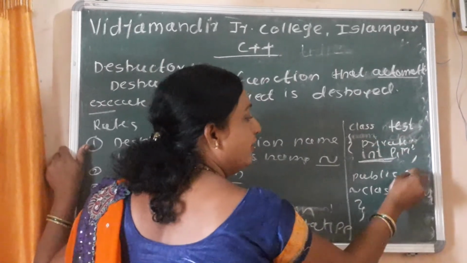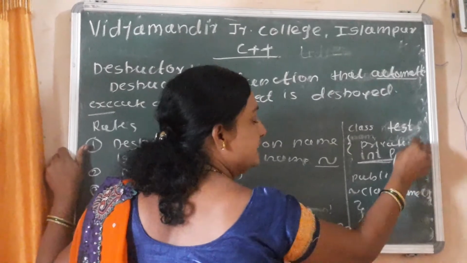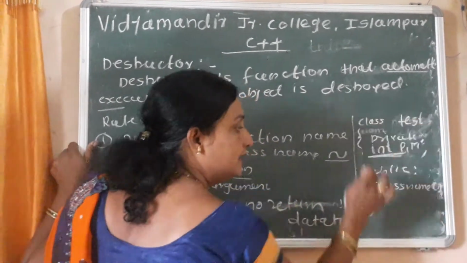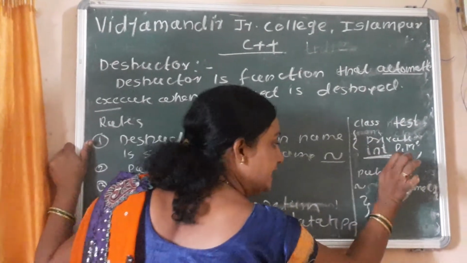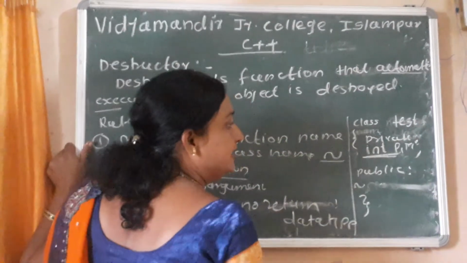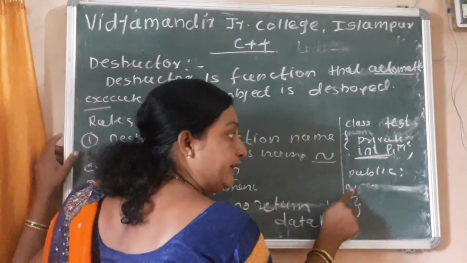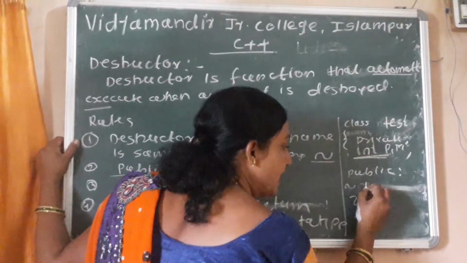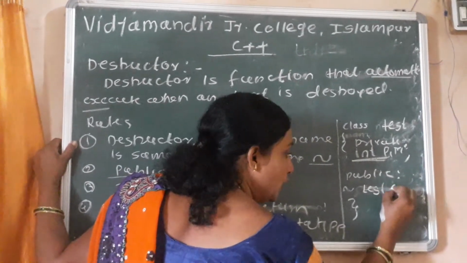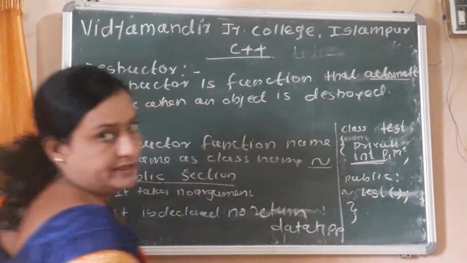Here are normal variables. Next, in the public section I can declare the destructor. How can I declare the destructor? First, started with the tilde. I give the tilde symbol and the name of the class, Test, with opening and closing brackets. Okay.